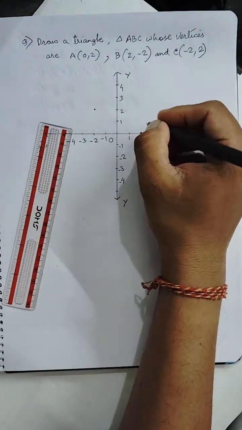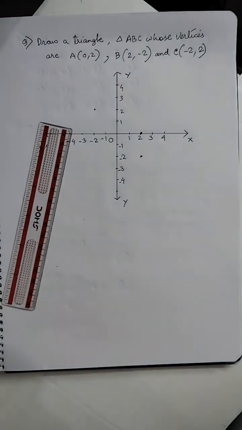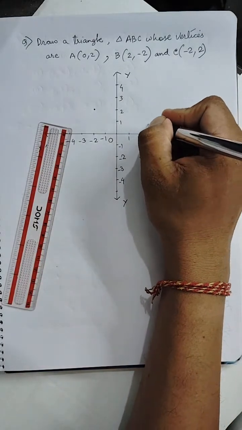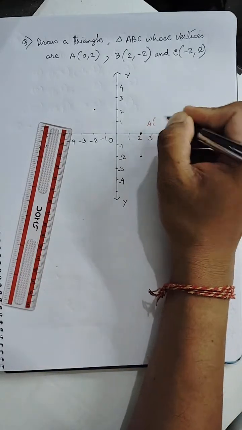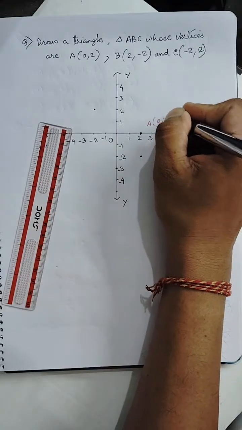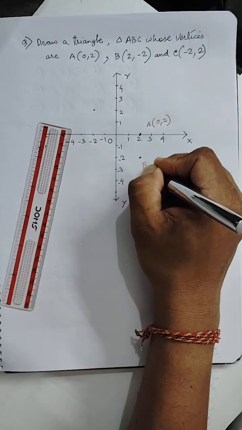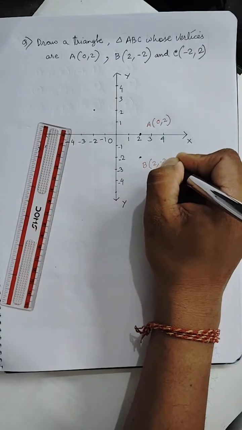Okay. So let us mark the points. I am using a different color pen. Okay. So that this is visible. So this is A. 0 2. This is B. 2 -2.